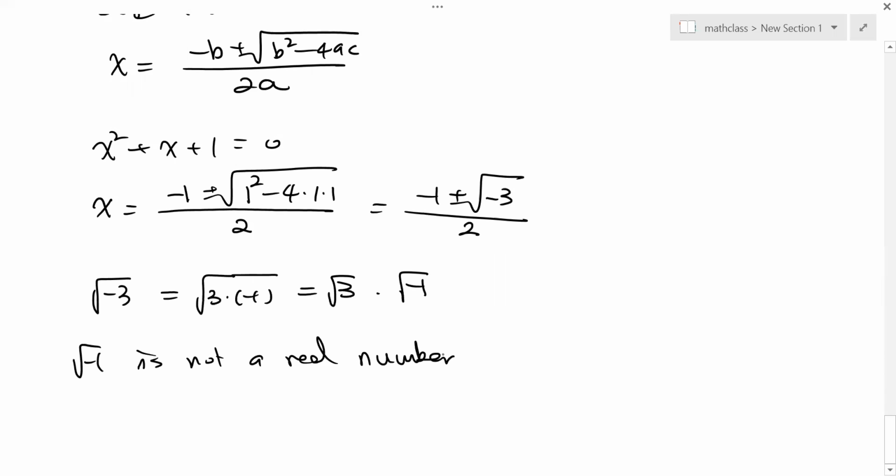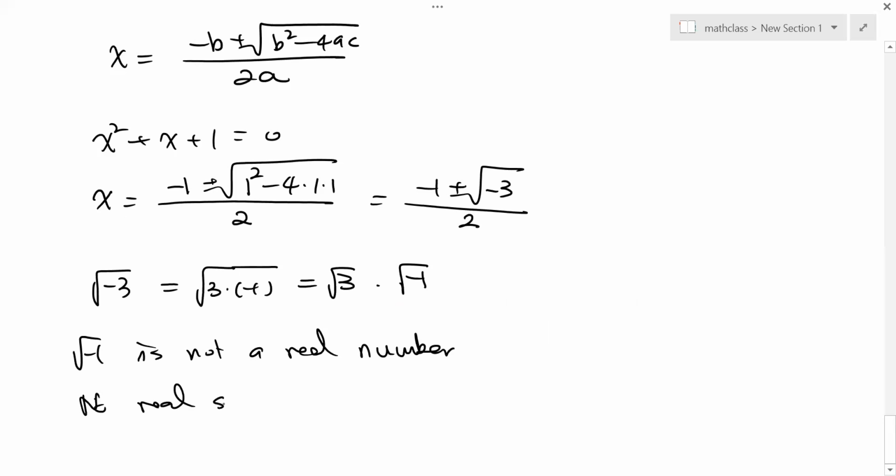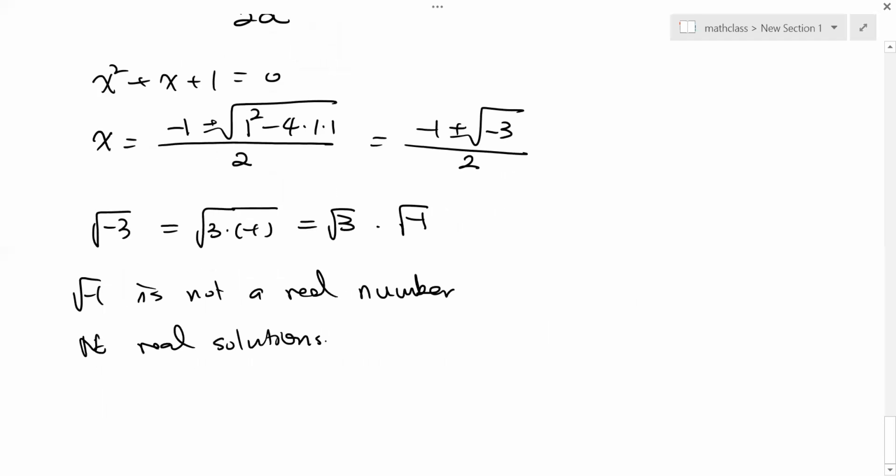Okay, real numbers consist of rational numbers and irrational numbers. That's not a real number. So you can say no real solution. Okay, so no real solutions to that equation. But if you really want to go beyond your imagination, you can say this is a solution.